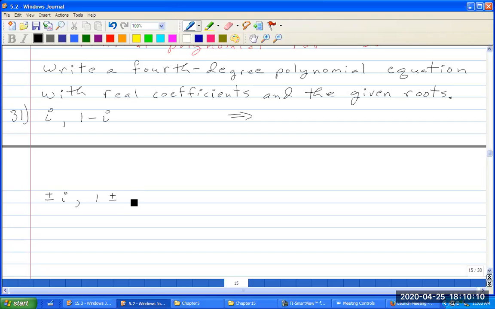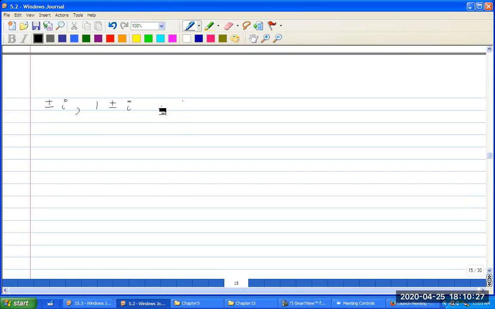So we have that the complex conjugate of 1 minus i is 1 plus i. So both 1 minus i and 1 plus i are roots. And so these are roots of your polynomial.